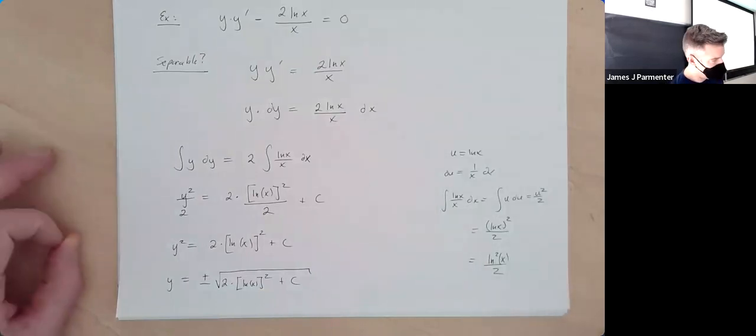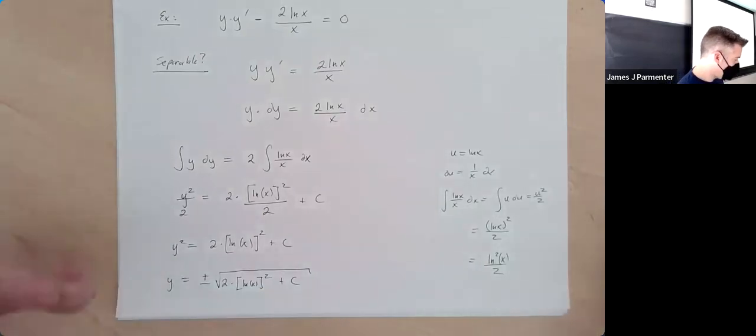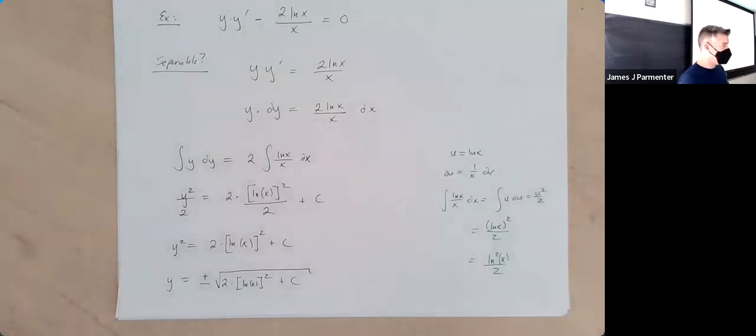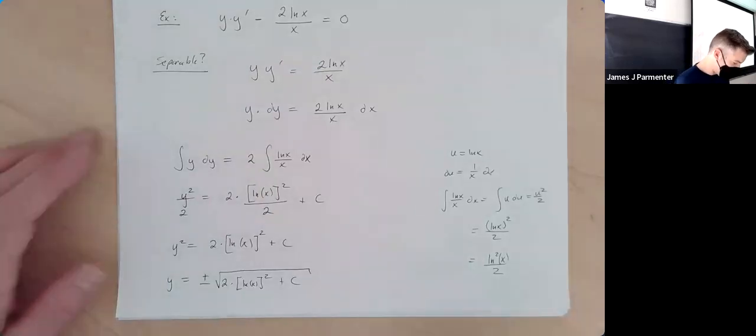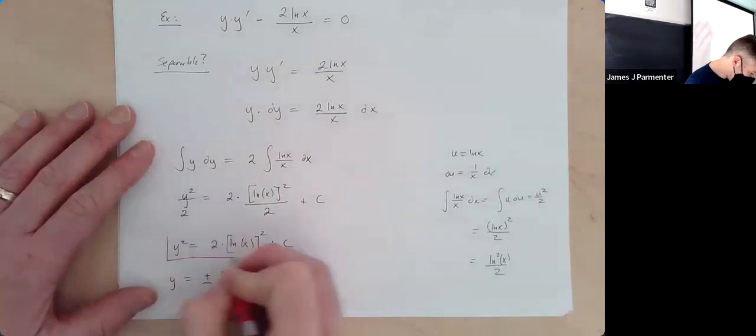I will point out, if the problem says that you don't have to solve for y explicitly, right, it just says to solve the differential equation, but to not solve for y explicitly, then you could and are probably encouraged to just stop somewhere like right here.